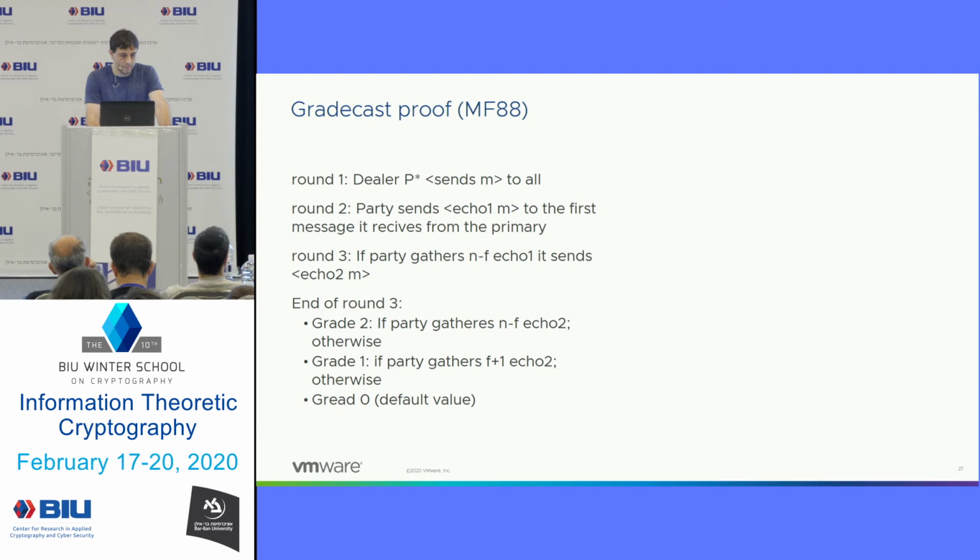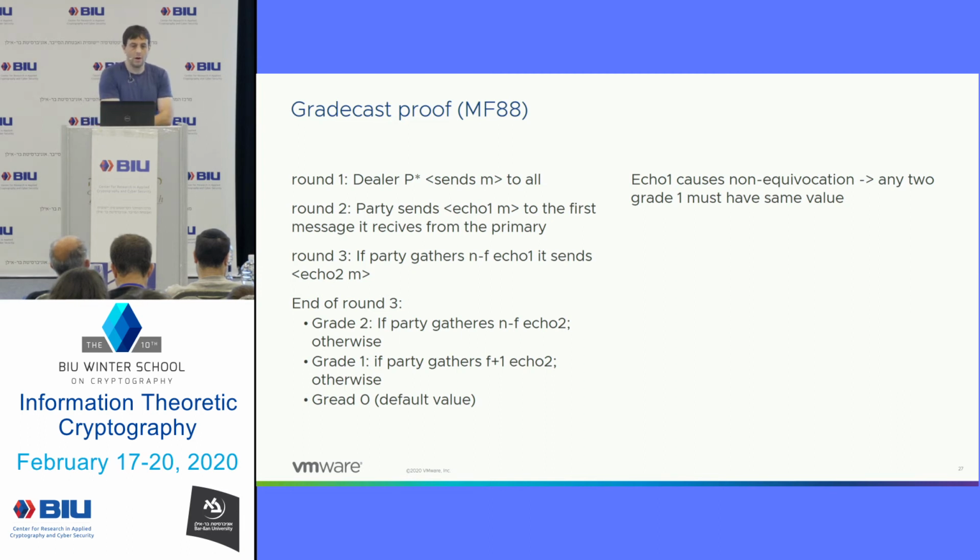Right, so here's the protocol on the left side, and on the right side we will basically do a proof. So first of all, we use this same idea that we've gone through many times, that you can't have n minus f echo 1s for v and n minus f echo 1s for v prime.